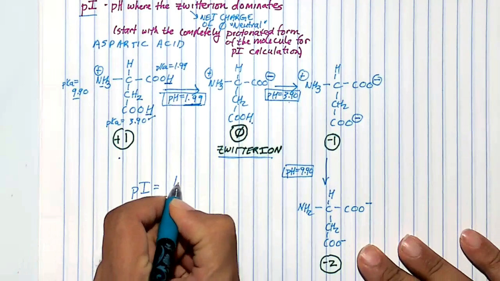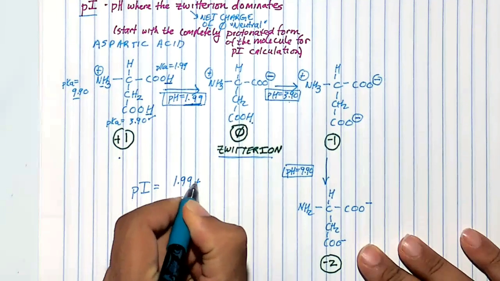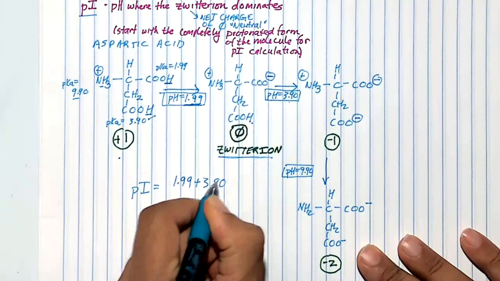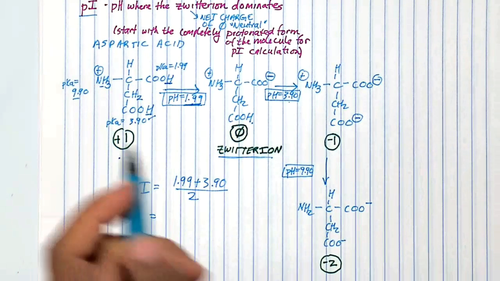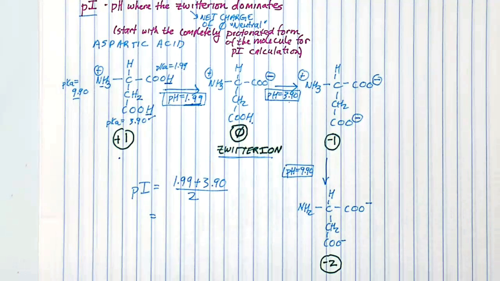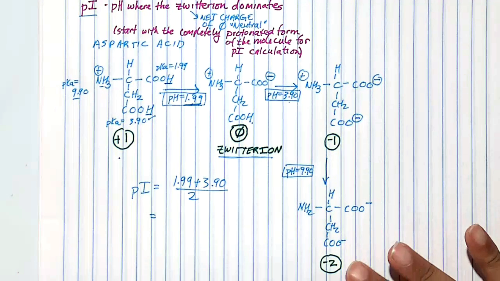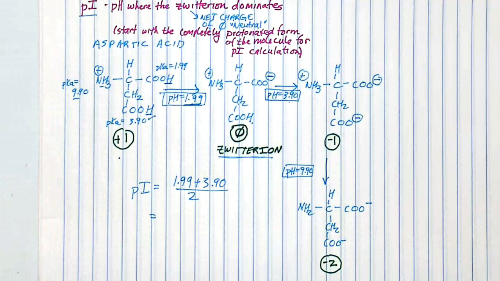In this particular example, it would be 1.99 plus 3.90 divided by 2. That would be the isoelectric point for the amino acid aspartic acid. So doing that on my calculator, you can just do it in your head or in your calculator.